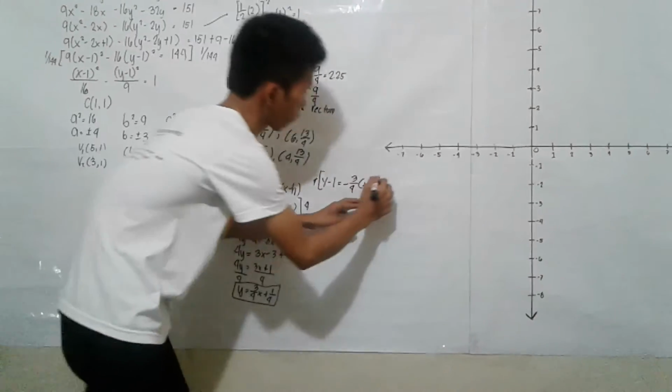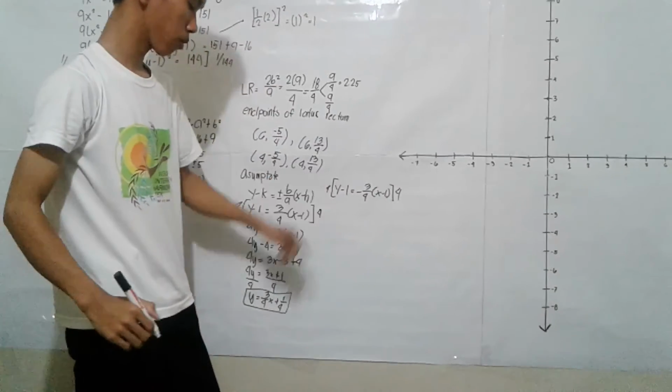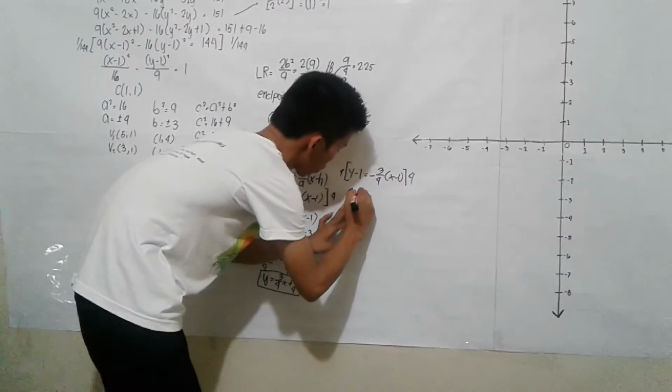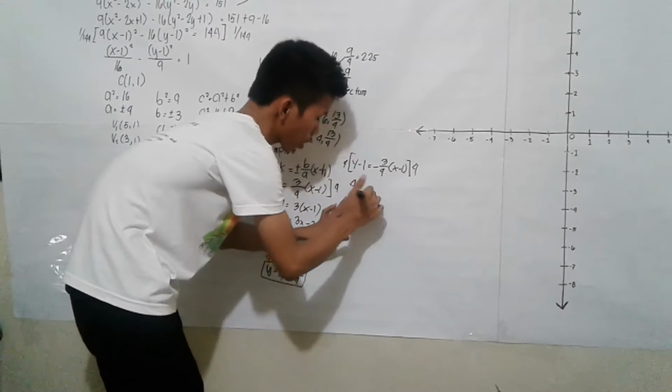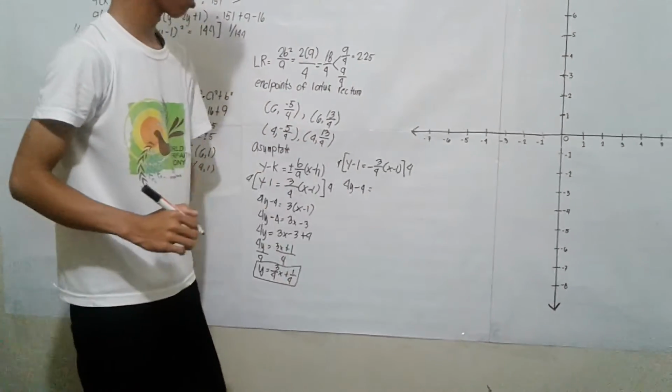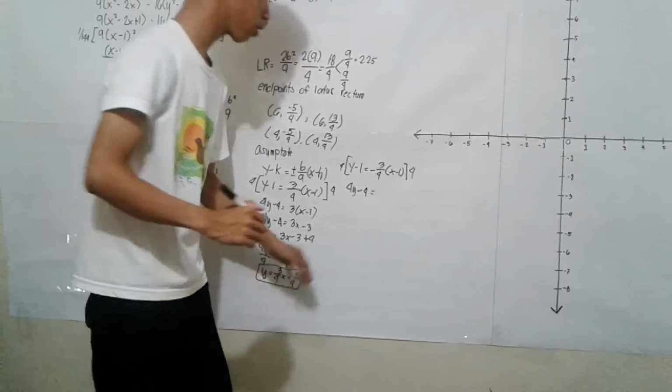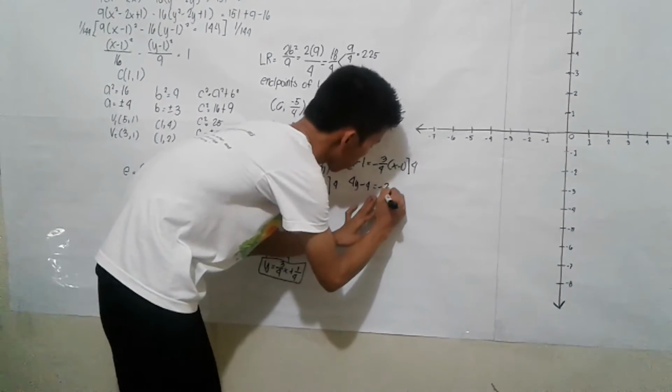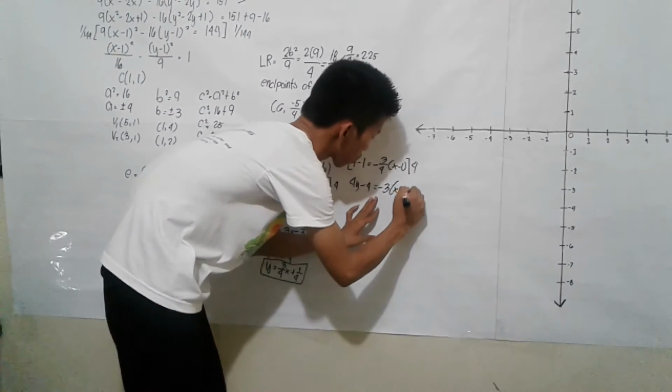So 4 times y is 4y, 4 times negative 1 is negative 4. So 4 times negative 3/4 x becomes negative 3x, minus 1.